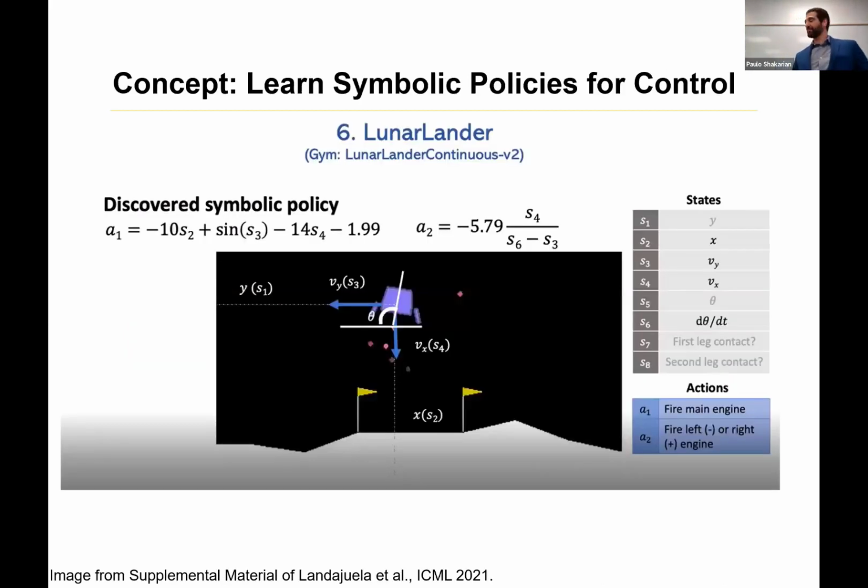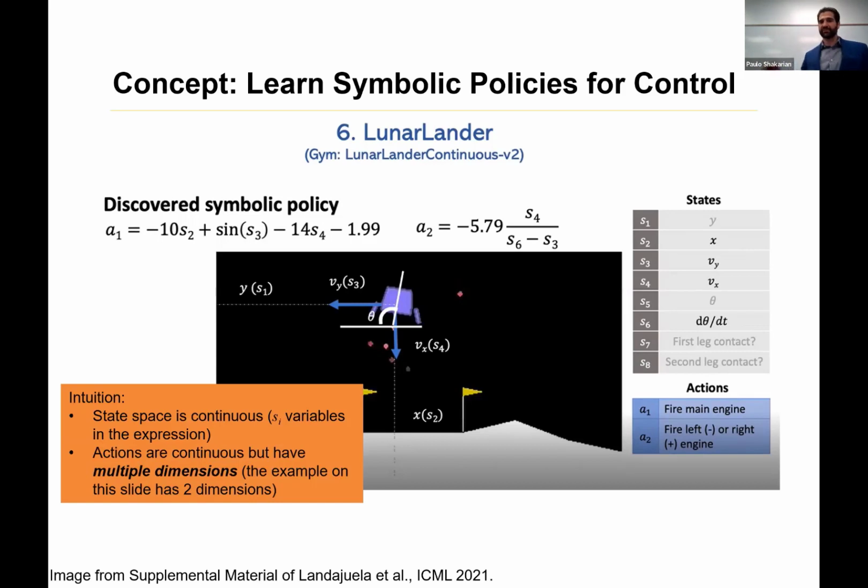So here's an example of one of the problems they looked at. What we've got here, and I think I can build this slide. Yeah. So we got a continuous state space, and we got these variables S1 through S8. So a state is just a value assigned to S1 to S8. That's one state.